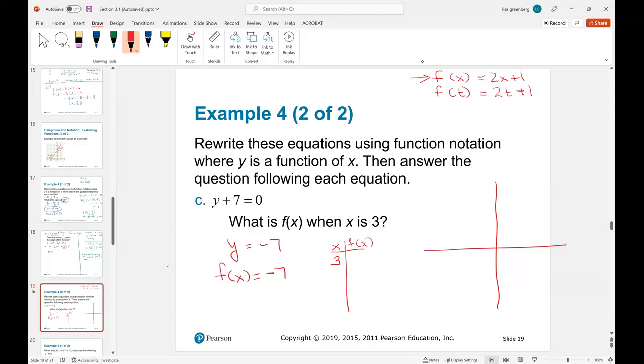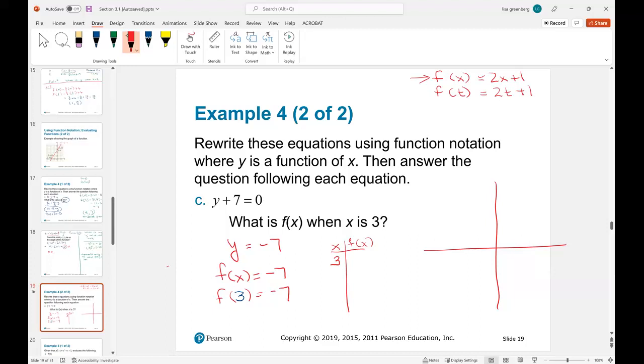Well, if I have this, notice, even if I put a 3 in here, nothing on the right is going to change, is it? Because I don't have an x there.